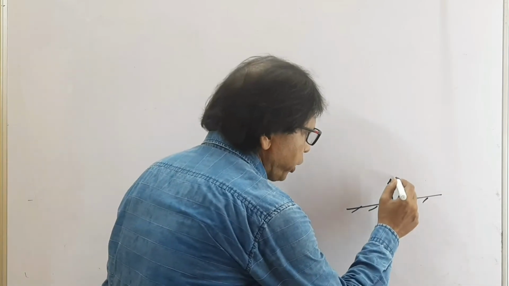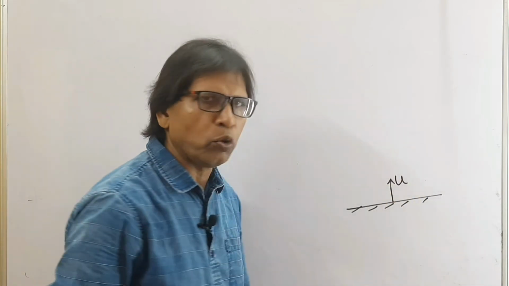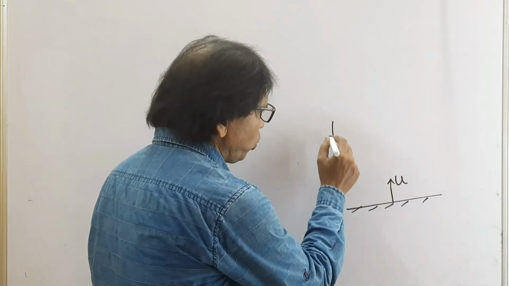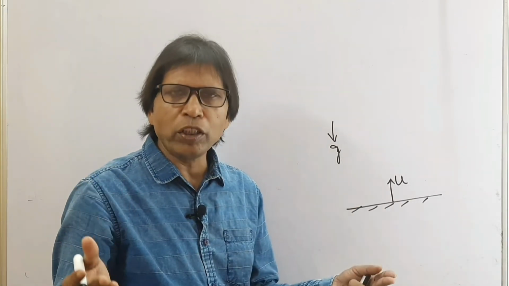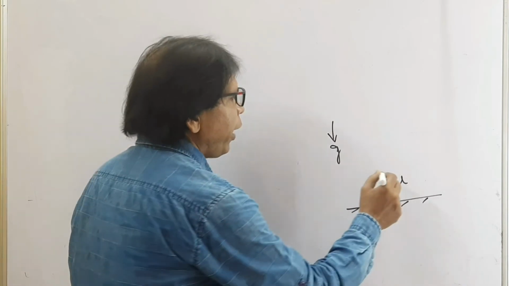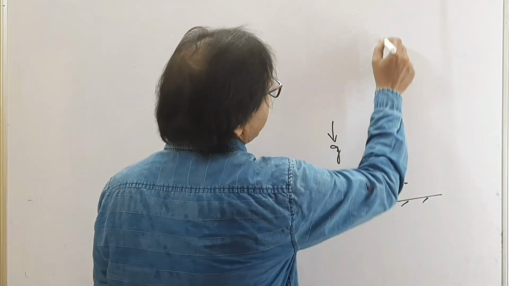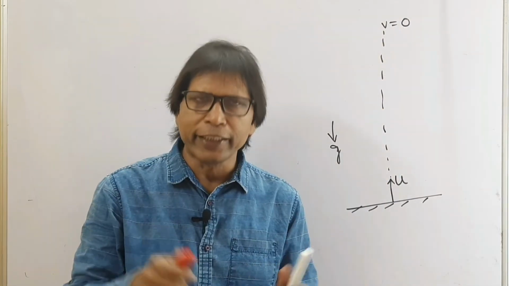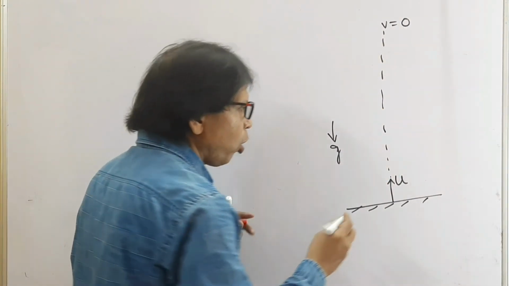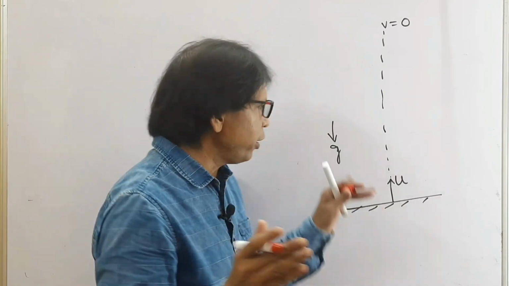When a body is projected with initial velocity u, then acceleration due to gravity g is acting downward. So the velocity of the body decreases, and at the top point v becomes 0. So in each second, the velocity of a body decreases by g.